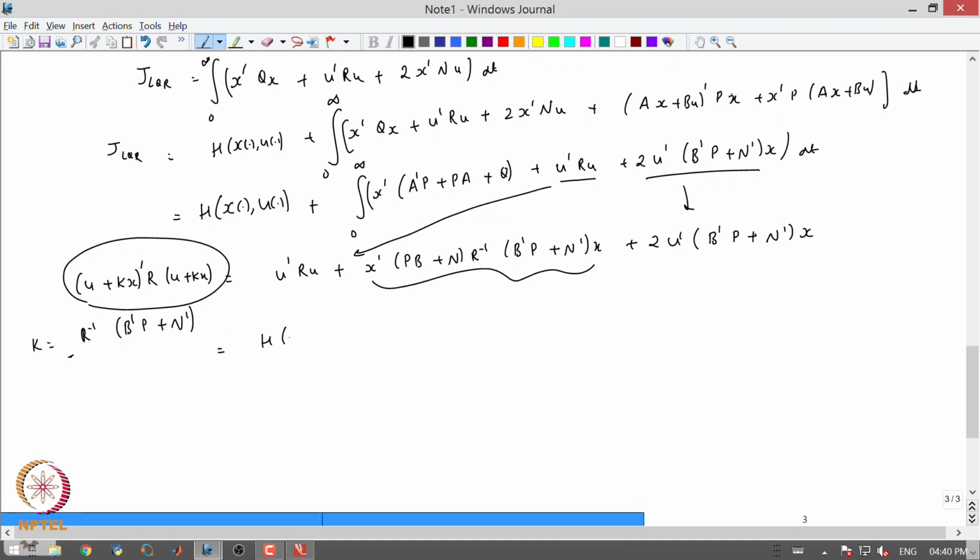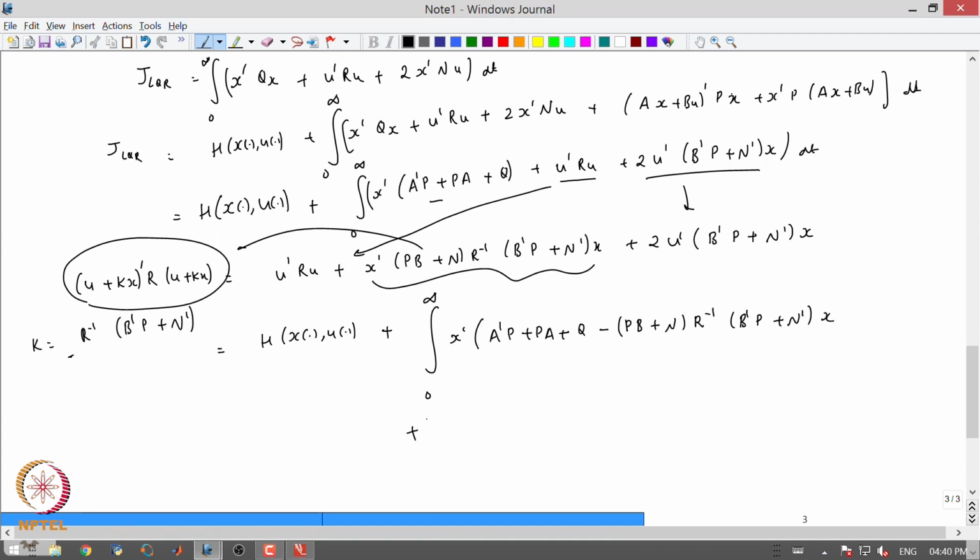So, I have H(x, u) plus integral 0 to infinity x transpose, and all these things will come as they are: A transpose P plus PA plus Q minus, because it just goes this side, right, minus (PB plus N) R inverse (B transpose P plus N transpose), x, plus this term here (u plus Kx) transpose R (u plus Kx).